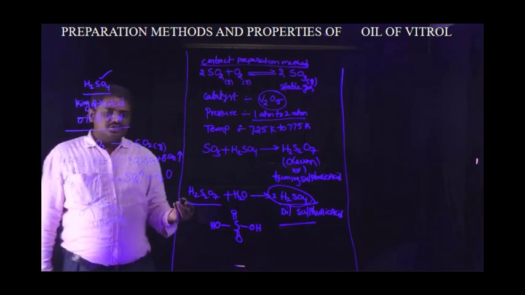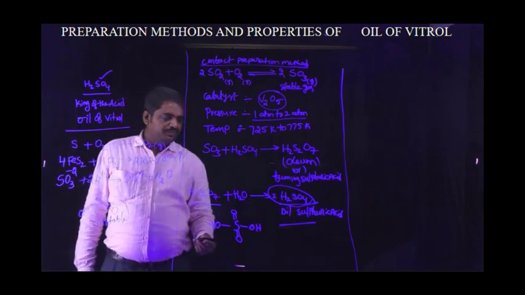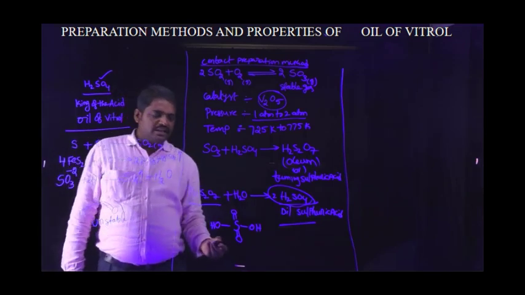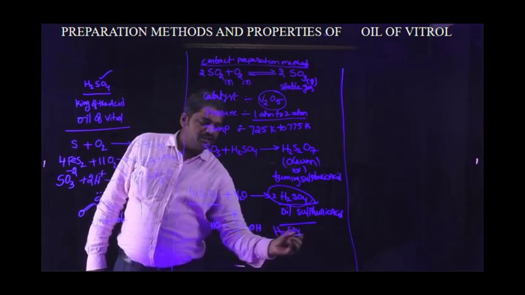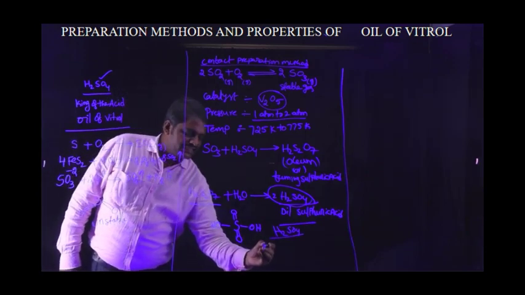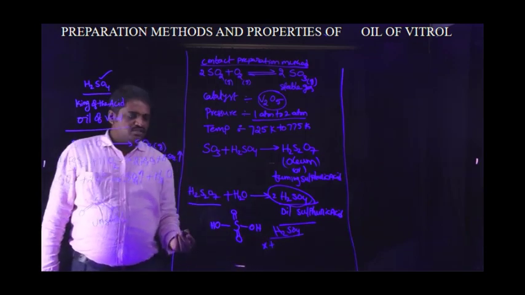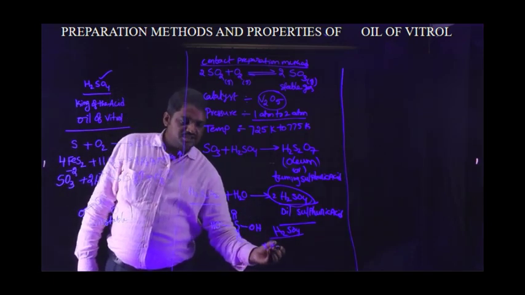And the oxidation state of the central atom in this molecule, sulfur. The chemical formula for sulfuric acid is H2SO4. The central atom is sulfur, denoted as X, and two hydrogen atoms are present, each with a +1 oxidation state.